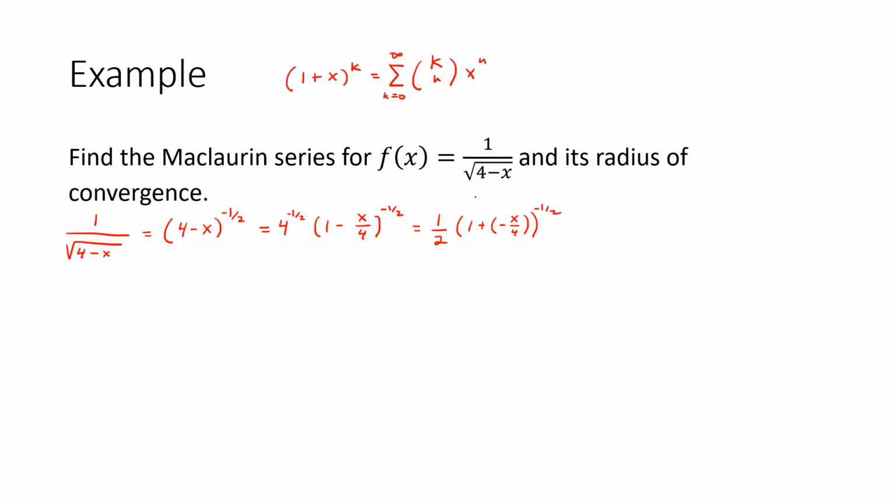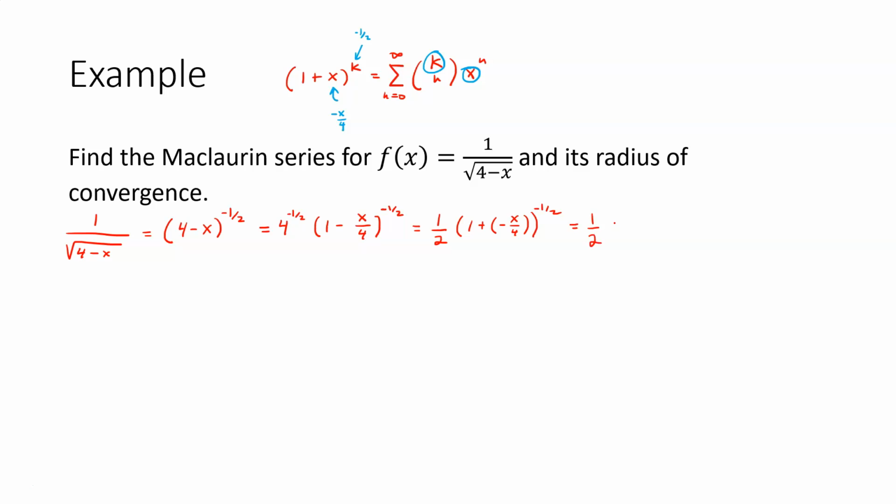And so what I can see here is that we'll use k equal to negative 1/2, and then we'll replace x with negative x over 4. So I can just put those values in here and here to get the binomial series for this function.